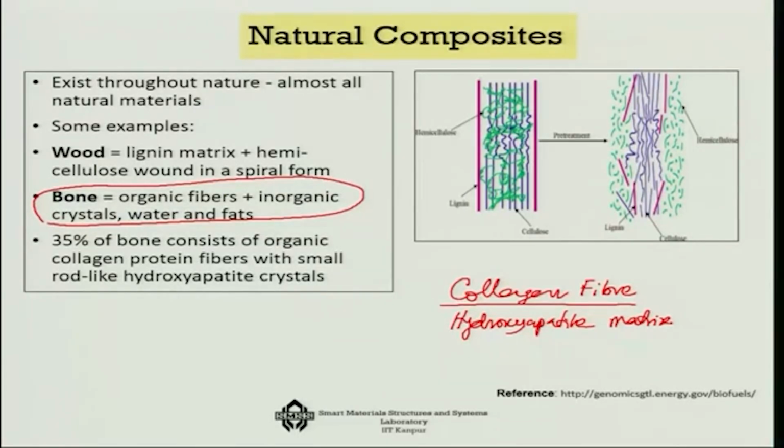The other one is the wood itself. If you look at any wood, you will see that it has a lignin matrix, and it has cellulose or hemicellulose which are wound in a spiral form, making it once again a candidate composite material. So you see, nature is very intelligent to begin with, because most of the structural elements like wood for the tree or bone for the animals are made of composite materials.